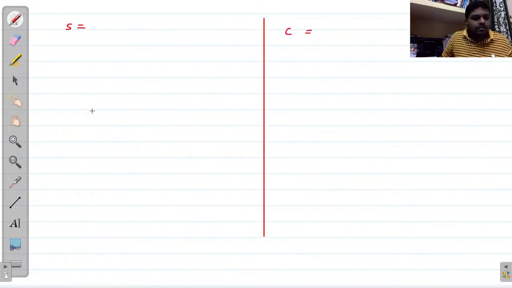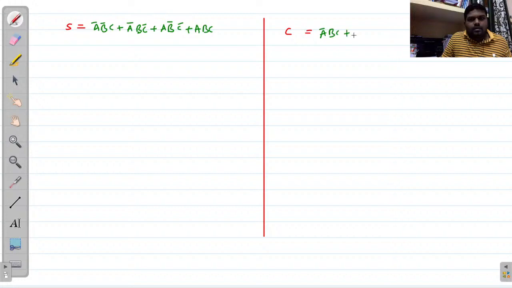Here I am writing a bar b bar c plus a bar b c bar plus a b bar c bar plus a b c. This is the sum. And when it comes to carry, a bar b c, a b bar c, a b c bar plus a b c. Okay, so this is carry. Now you can simplify further.